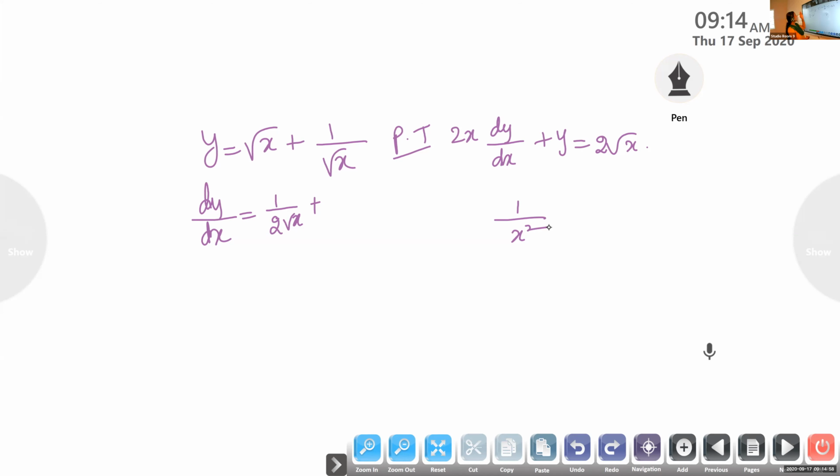No need to look in that formula, turn the previous page and all. You just apply the method you have learned. How will you find the derivative of 1 by x square? Krishna Chandran, be ready to answer.